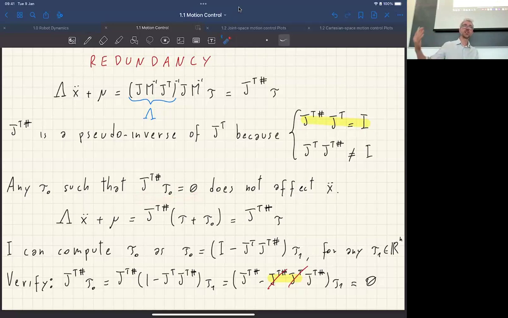And I know that that is not going to affect at all the behavior of my end effector, but it's going to affect the behavior of my joints. And so I can compute this tau 0 in such a way that it stabilizes the motion of my joints without affecting the motion of the end effector, because the motion of the end effector is going to be defined by the first vector tau, which is, for instance, computed with the Cartesian space controller we just discussed. And this extra vector tau 0 is only there for stabilizing the joint space motion. So it's taking care of redundancy.